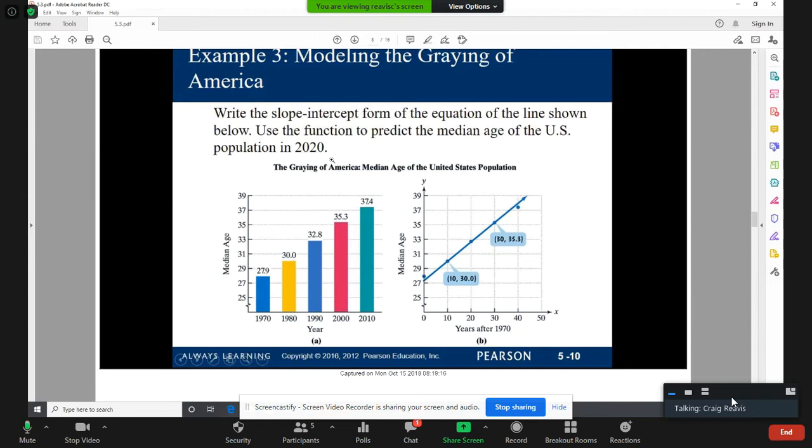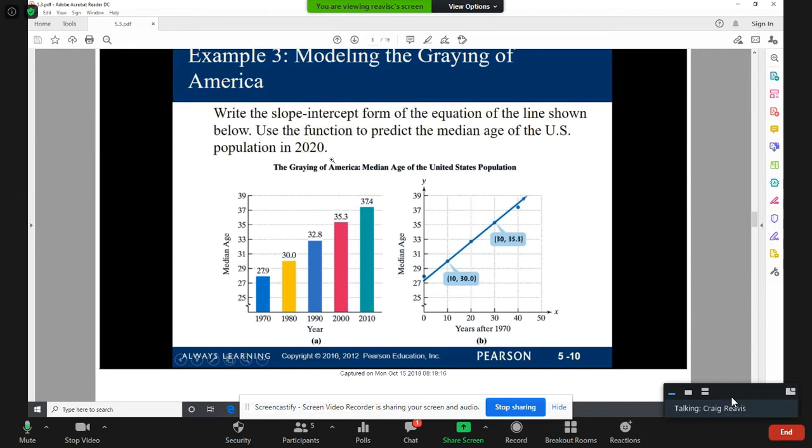So if you listed all the ages of everybody in the United States, the middle age is going up every 10 years. In 1970, it was 27.9. Now, in 2010, it was 37.4. So what that tells you is people are living longer, right? There's more older people than there were 40 years ago.